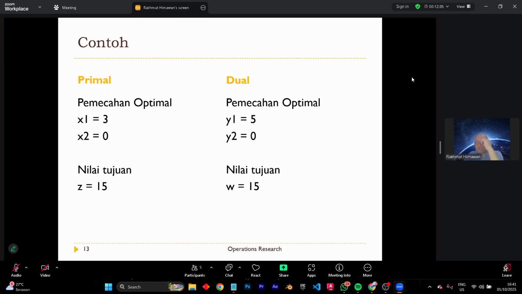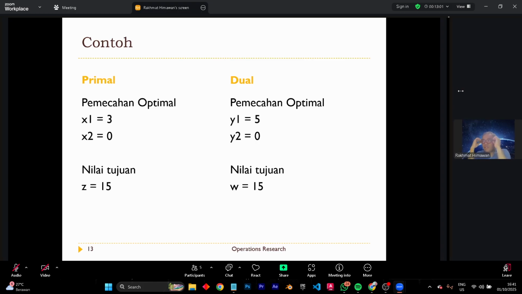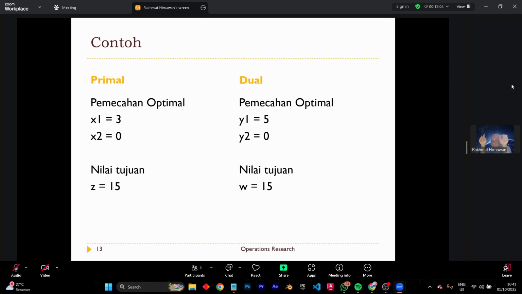So what's the purpose of finding the dual? Why not just use the primal? Here's the thing. Sometimes finding the solution is difficult. Depending on the problem, finding the solution of the primal is difficult or takes too long, or you get stuck.